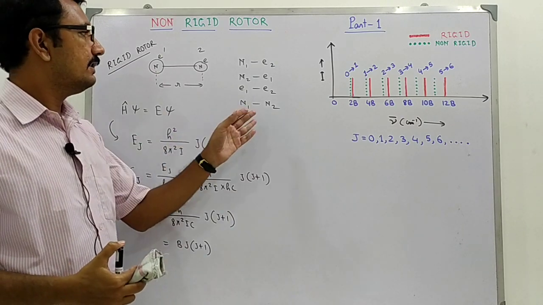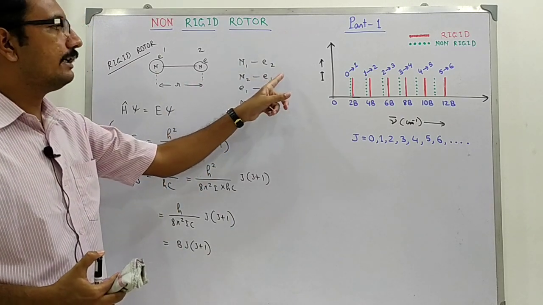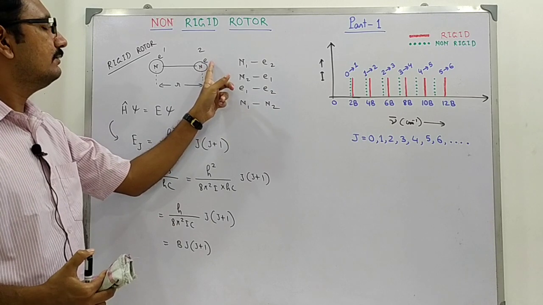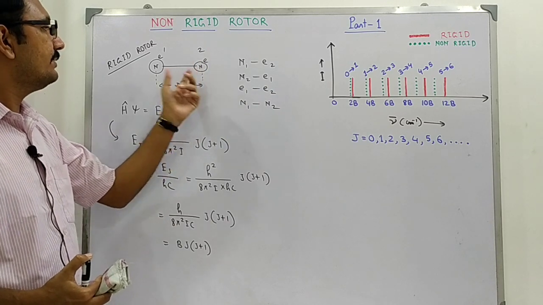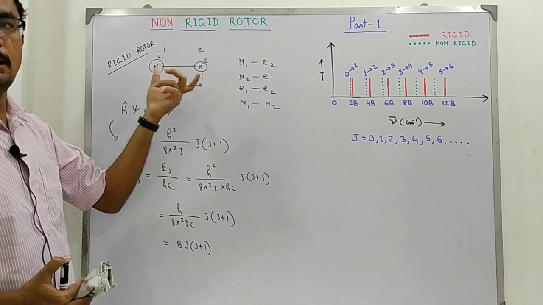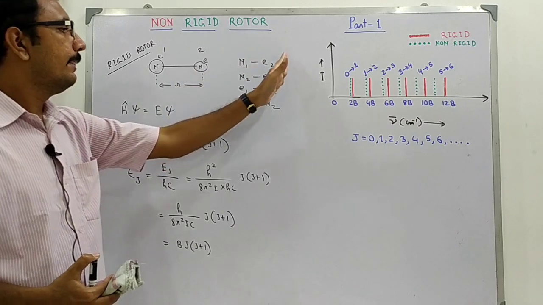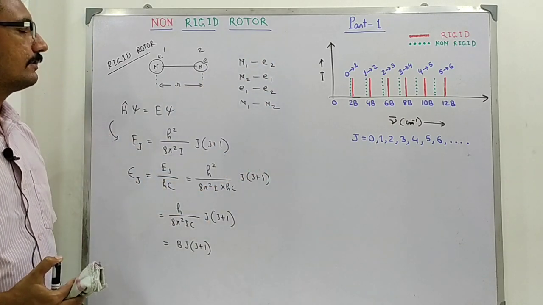So, why am I not considering the nucleus 1 electron 1 case? That is not going to determine the internuclear distance, hence I have neglected it while explaining the internuclear distance.